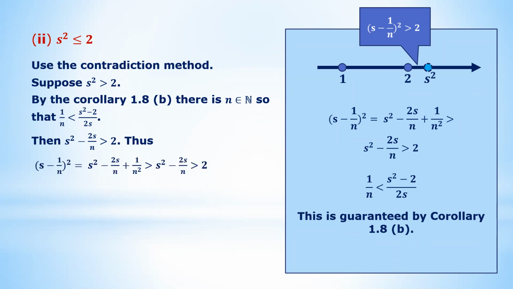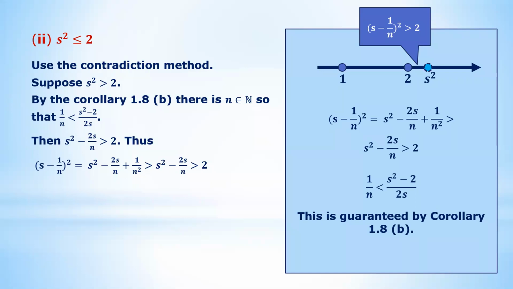Therefore, (s minus 1 over n) squared, on expansion, is greater than s squared minus 2s divided by n, which is greater than 2, okay? So using this procedure, you get an n so that (s minus 1 over n) squared is greater than 2. So this is what we want.